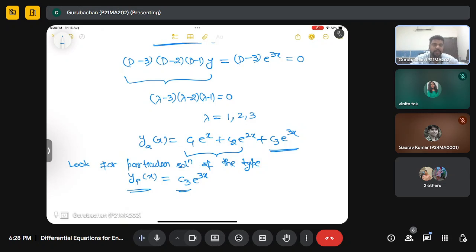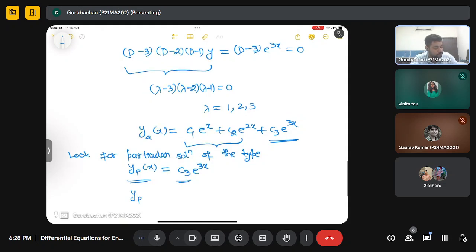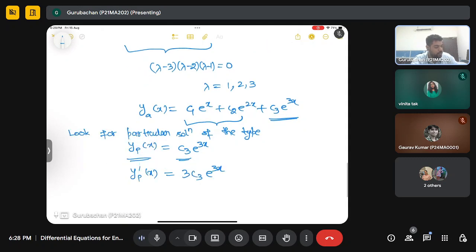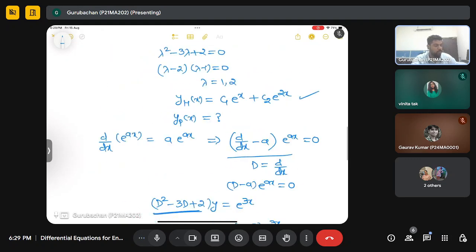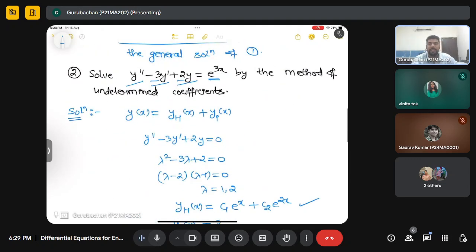So we need to calculate its first and second derivatives. yp dash gives 3c3 e to the power 3x, and yp double dash gives 9c3 e to the power 3x. Our equation is y double dash minus 3 times y dash plus 2 times y equal to e to the power 3x.